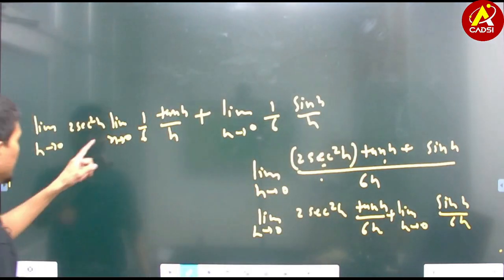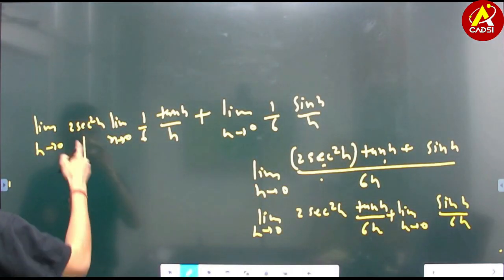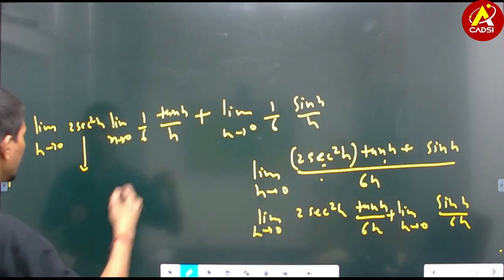Now h tending to 0 means sec square h is 1, so 2 into 1.